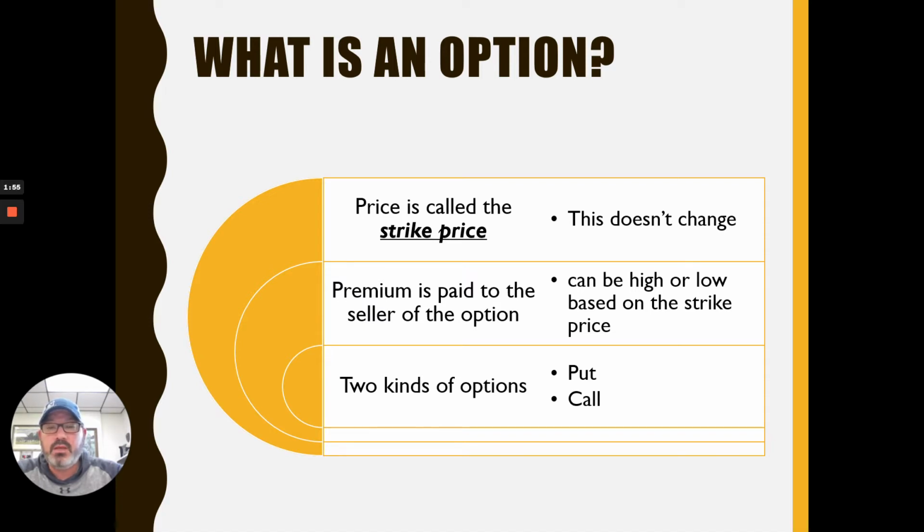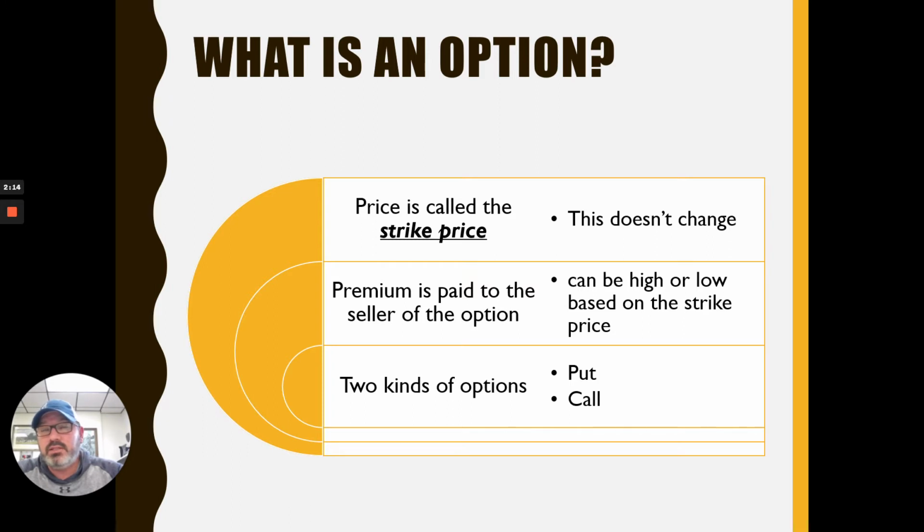So if we're putting on a put option, we'll talk about that more specifically, which is a floor to the price. The lower the floor, the cheaper the strike price premium is. The higher the floor, the more expensive the strike price premium you will pay.